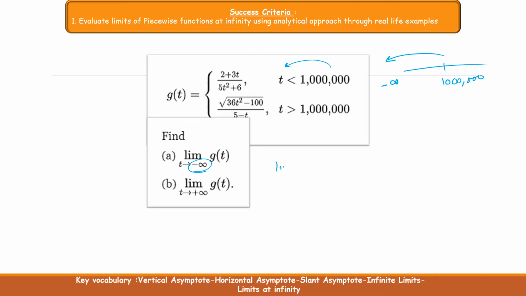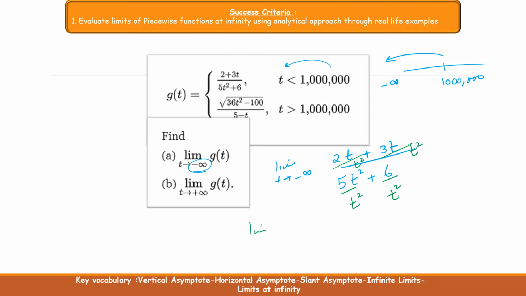So we write the limit as t approaches negative infinity, and then the equation that is suitable for the left hand side. After that we focus on the denominator and divide all the terms by the variable with the higher degree. So we will divide everything by t squared.